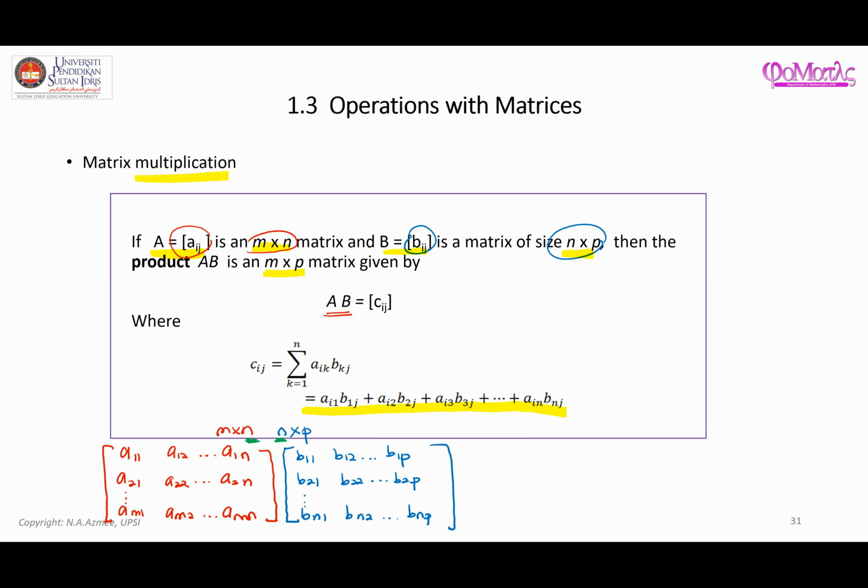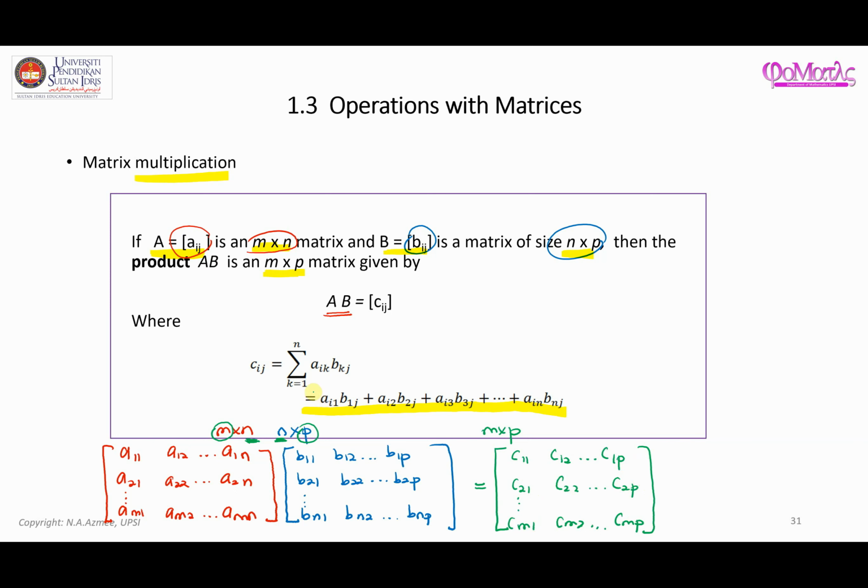The result of multiplying these two matrices gives a new matrix of size m times p. We can imagine the elements written as C11, C12 until C1p, then C21, C22 until C2p, and it goes on until Cm1, Cm2, and Cmp.